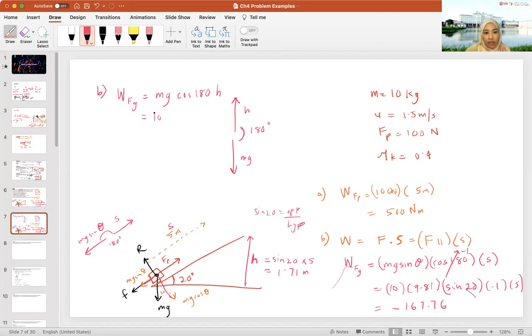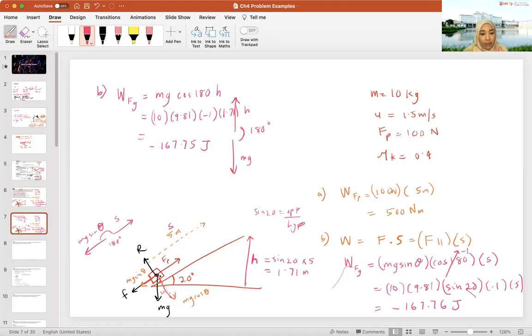So I would get 10, that is the mass, 9.81, cosine 180 is minus 1, and height is 1.71. So the answer is times minus 1 times 1.71. The answer is minus 167.75 joules. The exact same answer.